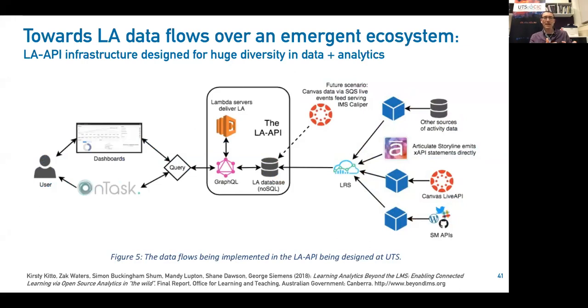So we're going to need an API-based infrastructure that eases the flow of data around and allows us to add models in and take models out much more elegantly. And there are some links there which you can follow through to learn more about that. That's the outcome of a national project here in Australia. All of these slides will, of course, be available after today's webinar.